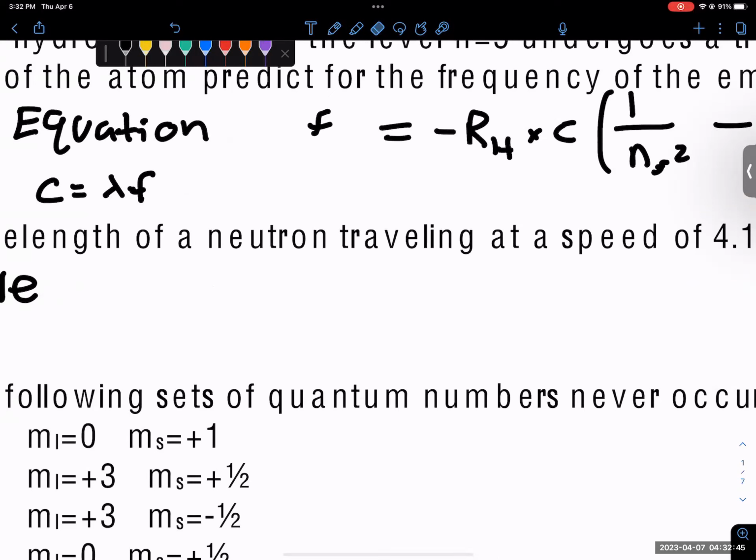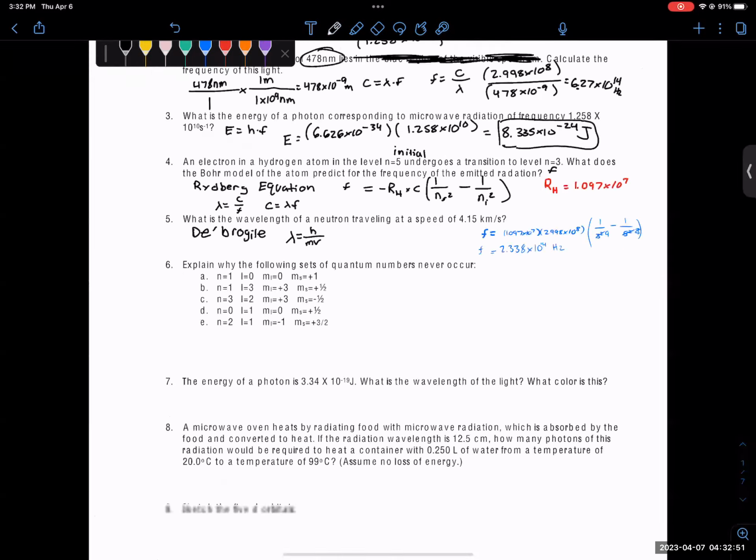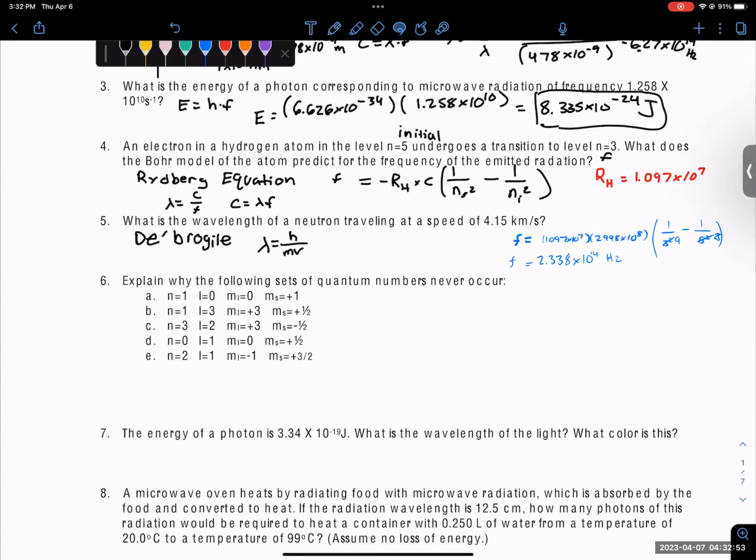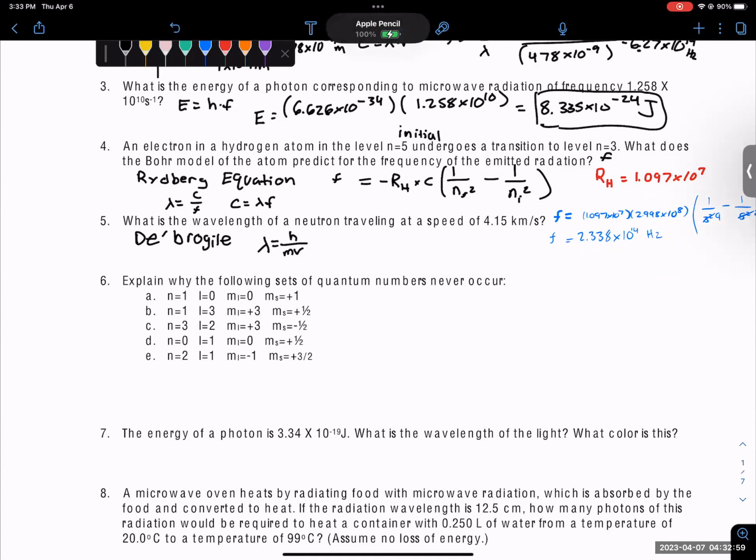Let me rewrite it: lambda equals h over m times v. I'll give you 2 minutes to work with this equation. When you're done, chill out and we'll go over it in a second.